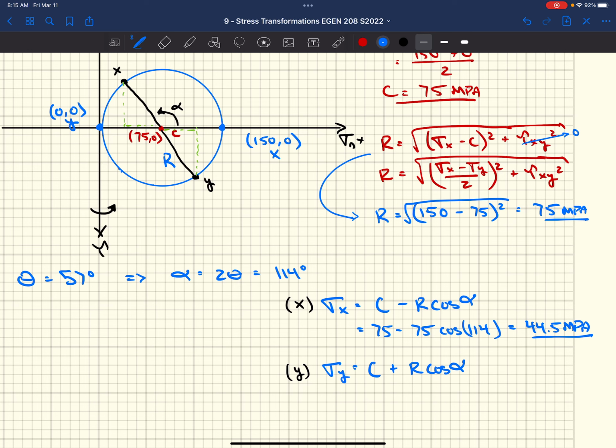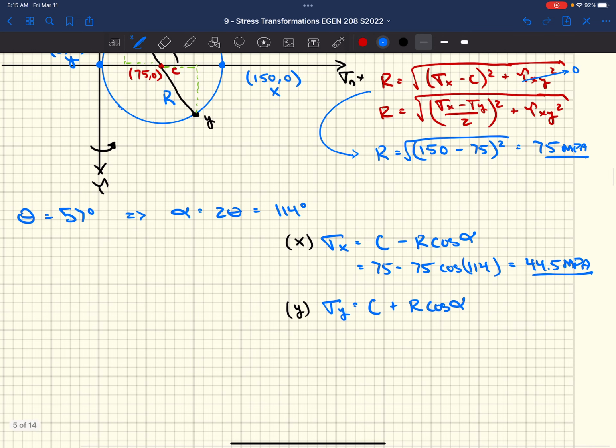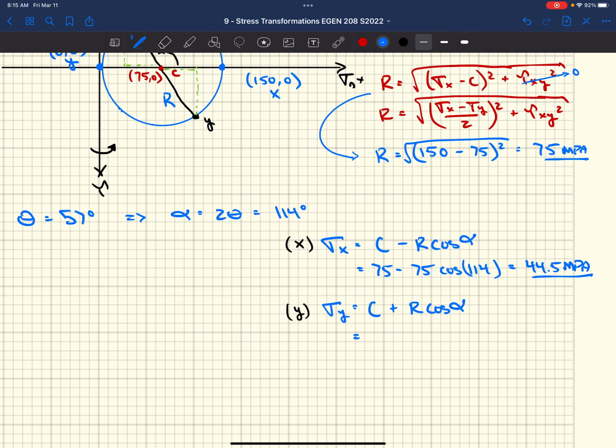Well, it's going to be the center point plus the horizontal component of our radius, which kicks us off to the right. Pretty straightforward. Going through that same thing, 75 plus 75 cosine 114, we end up with 105.5 megapascals.